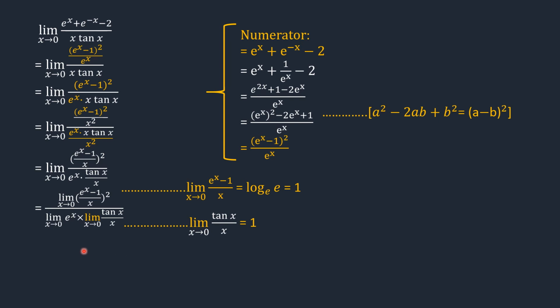So in the next step, we will write for this limit ln e whole square, for this limit e to the power 0, and for this limit 1. Now ln e is nothing but 1. Therefore, it will be 1 squared. e to the power 0 will be 1 multiplied by 1. So finally, the answer will be 1.